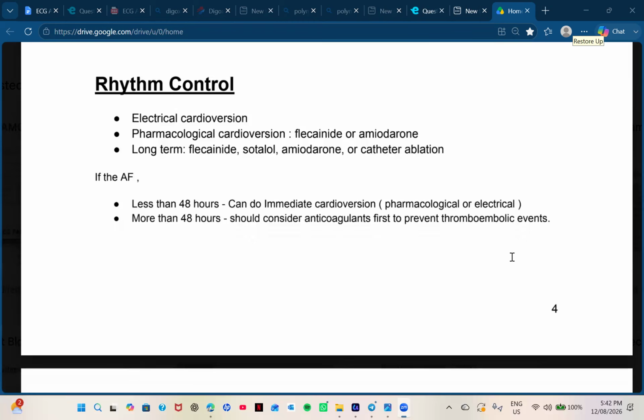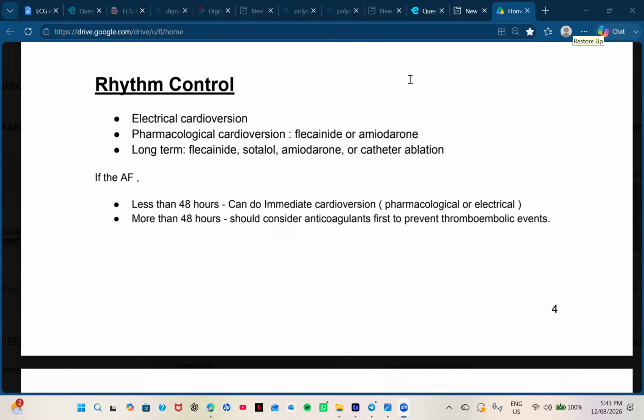So why does more than 48 hours matter? What is the reason, doctors? Why? Very important.